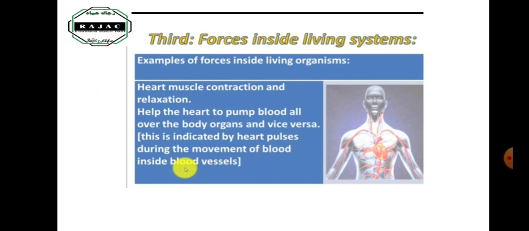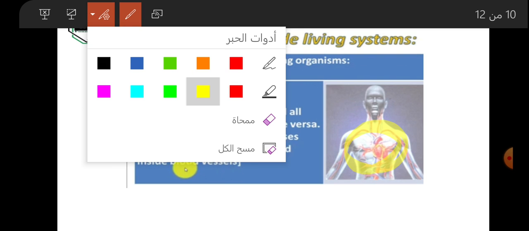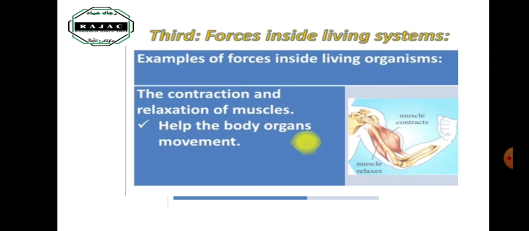Number one, the heart muscles relax and contract to help the heart to pump the blood all over the body organs. Number two, the muscles of the body relax and contract to help in body motion.